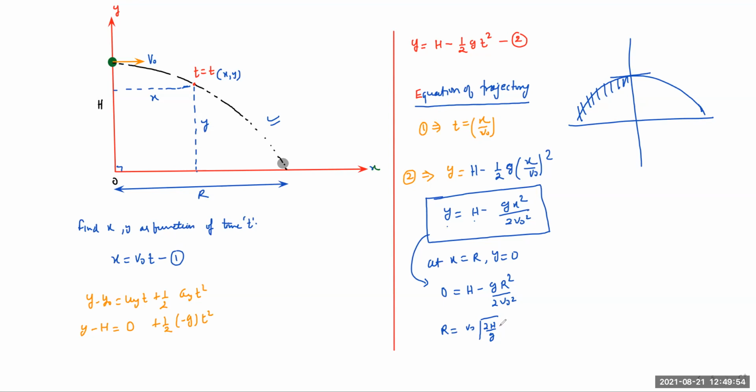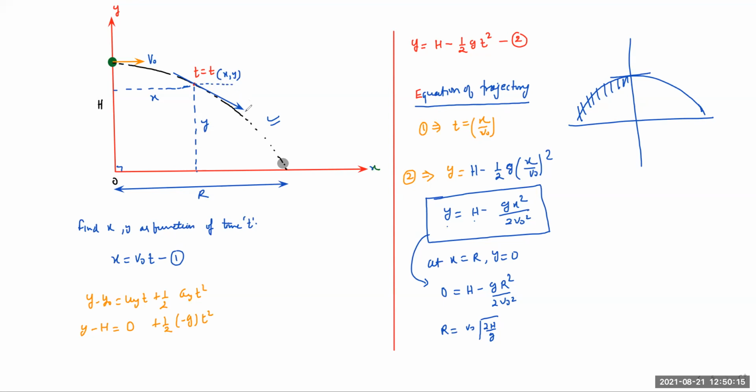Now, what else they can ask? They can ask you mathematically slope. So if you draw a tangent to the curve, then the tangent makes some angle.